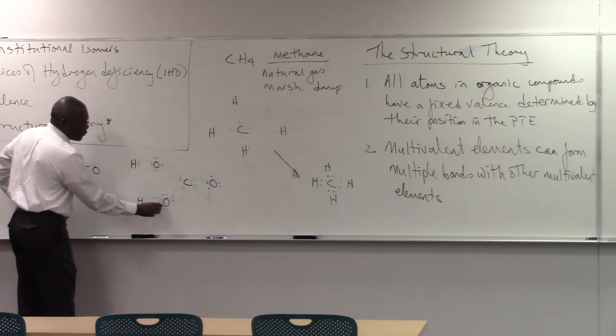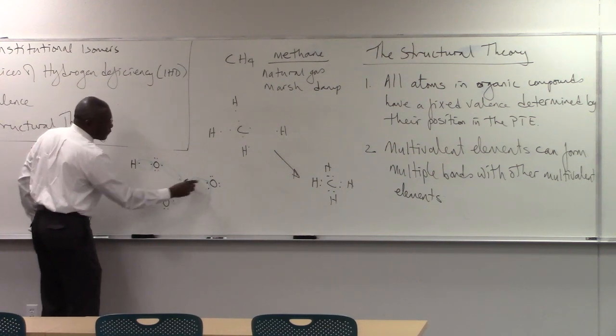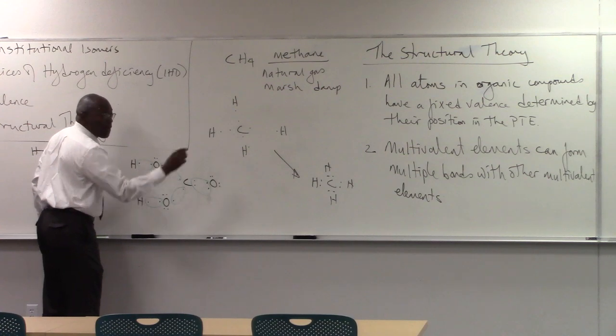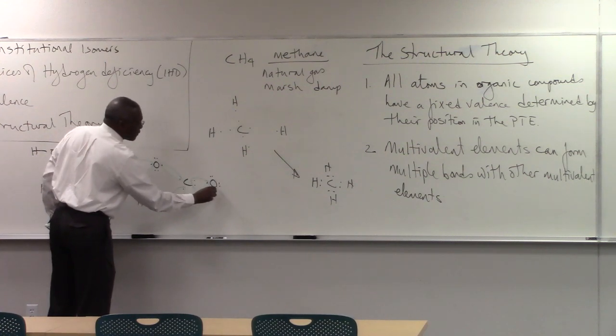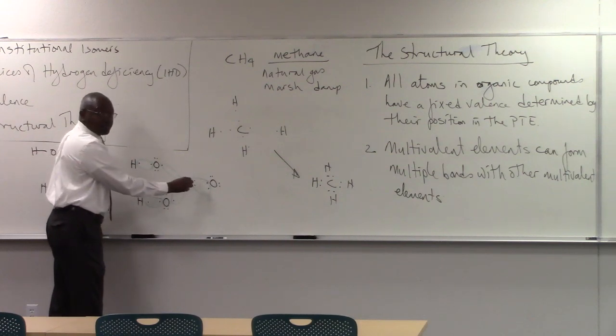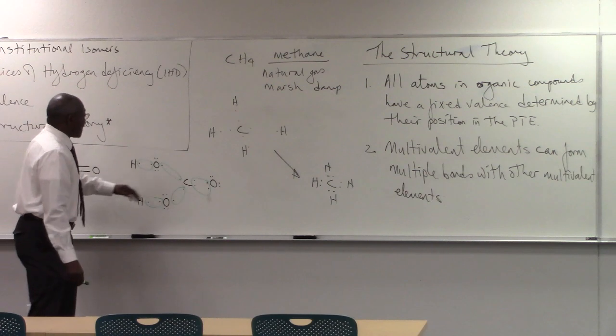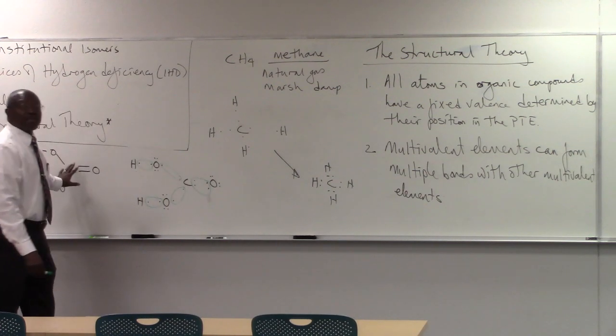Octet for the other O, 2, 4, 6, 8. Octet for the carbon, 2, 4, 6, 8. Octet for the last O, 2, 4, 6, 8. So everybody has a noble gas configuration, and I've satisfied everybody's valence in the structure.